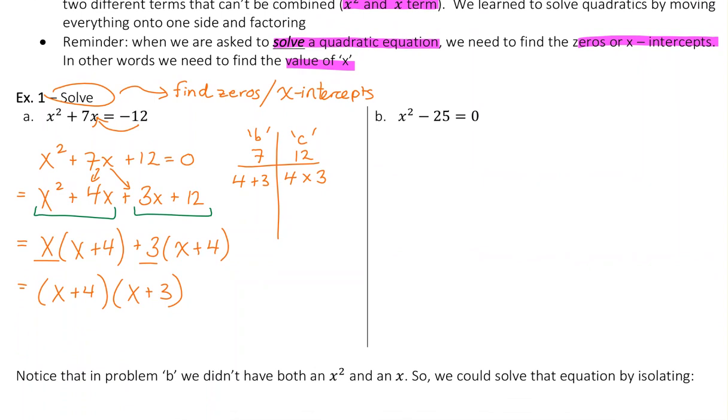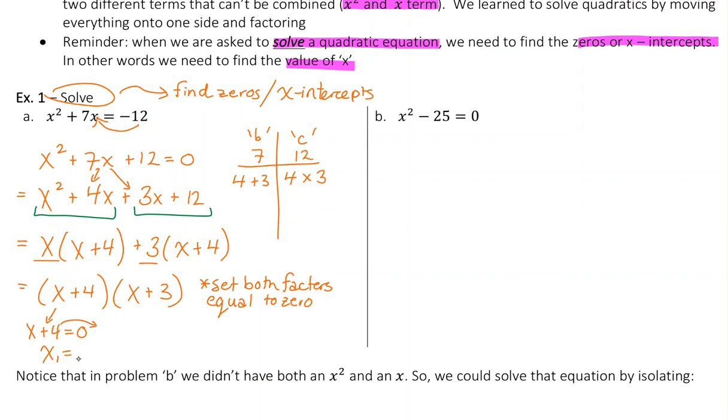And in order to do that, you want to set both factors equal to 0 and solve. We've done this before, but as a review, if I took this factor here, x plus 4 equals 0, I want to solve for x, which means I'm going to have to bring the 4 over.